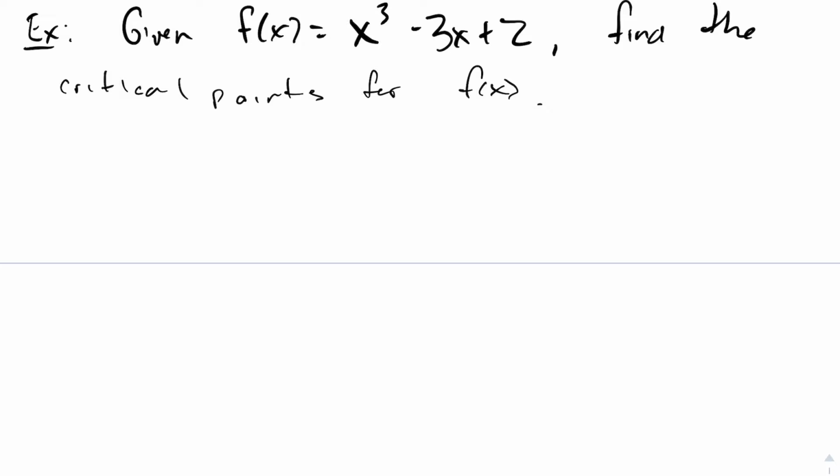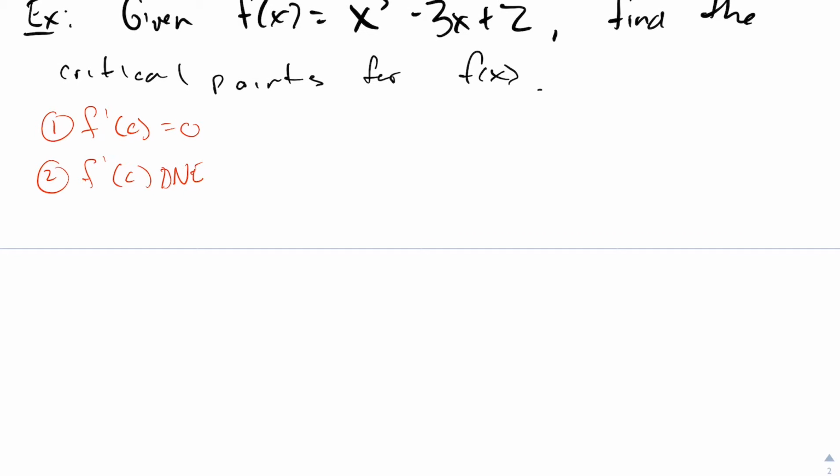Let's look at an example. Here we're given a function f of x is equal to x cubed minus 3x plus 2, and we want to find the critical points for the function f of x. And so what we want to recall is that the critical point will be any value either where our derivative is equal to 0 or our derivative does not exist.